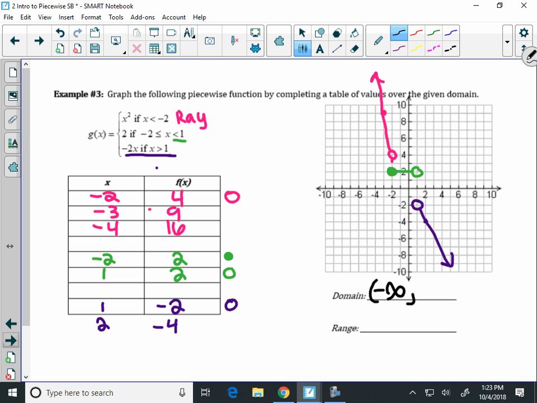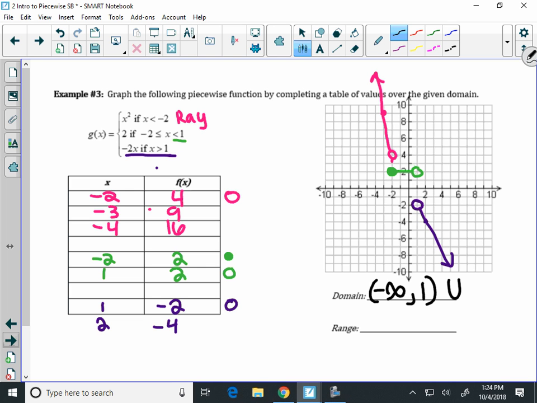So what do I have to do with my domain? I go from negative infinity to just 1. Yep, just 1. I don't continue my domain because there's no closed dot here. There's no value for x equals 1 on my graph. So I get up to 1. But my graph keeps going. So what do you think I have to do? The union. Where does my domain pick up?